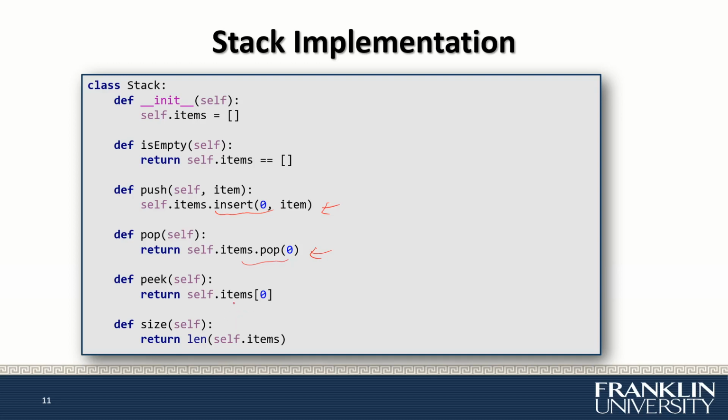When I do peek, I also return just the first element. Instead of returning the last element, I return the first element. The length, the isEmpty method, and the constructor do not change. And this stack implementation will do the same thing.